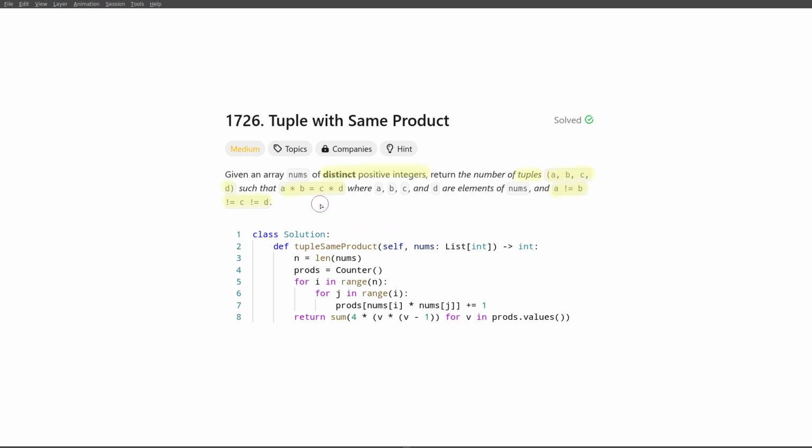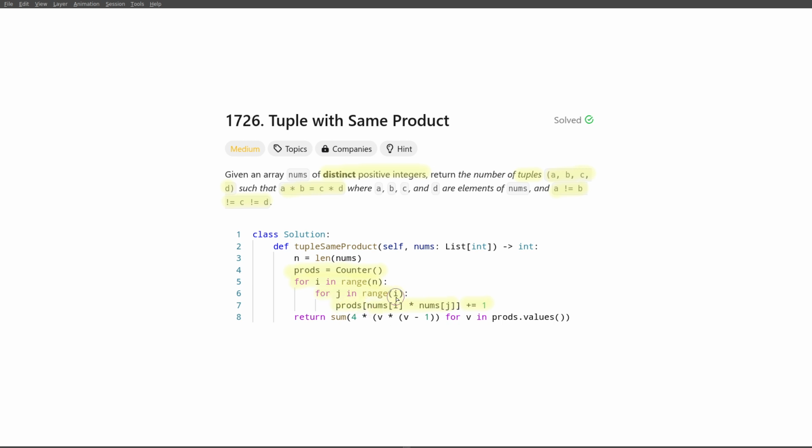Whenever we have, so let's say that we can arrive at a given product through some number of different pairs. Now every 2 pairs are consisting of completely different numbers, right? Because we'll be maintaining the number of occurrences of every product, so we iterate over all the pairs i and j in our list of nums, and we just increase the count by 1 of their product.